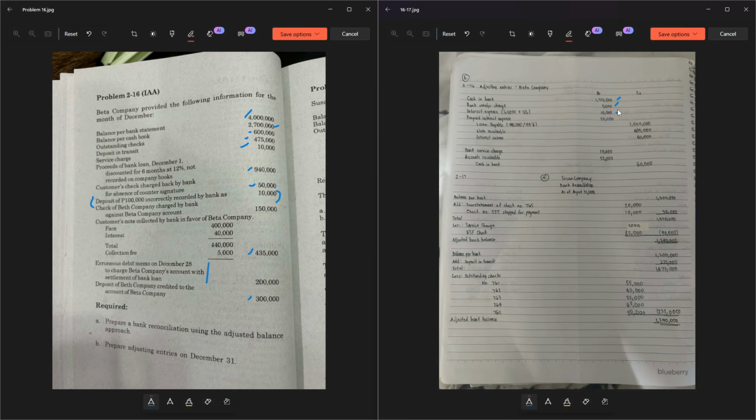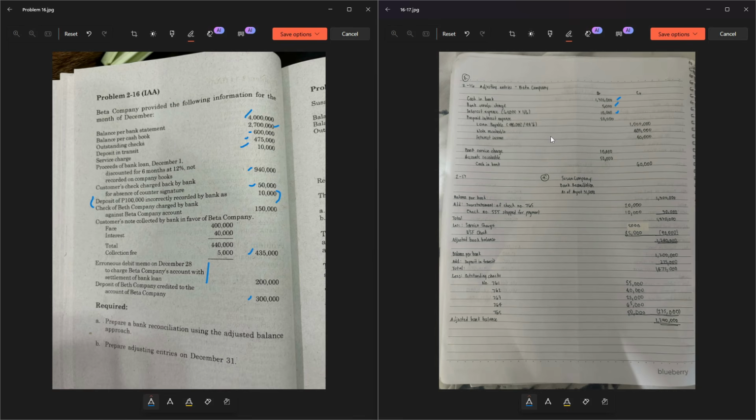And then this came from the proceeds of bank loan, by the way. And then the prepaid interest expense of 50,000. And then loan payable of 1 million.